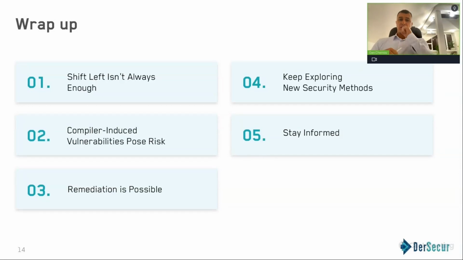Number four, we advise you to consider shift right too, not only shift left, or consider exploring also different testing approaches for production apps, including binary analysis. And number five, continue to stay informed and adapt your application security practices on top of what conventional approaches give you. So in this case, you would be prepared to address evolving and new common threats.